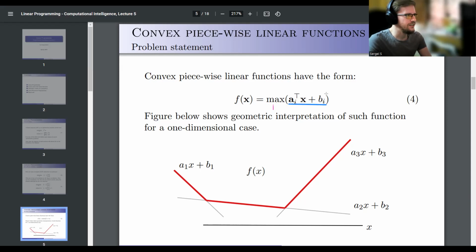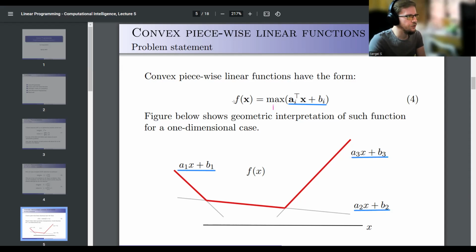Those are linear functions, essentially lines. In the 1D case, where x is scalar and a is scalar, they just become normal line equations. In a high-dimensional case, this would be hyperplanes, but let's stick to the 1D case for now. So those are the three functions that we have.